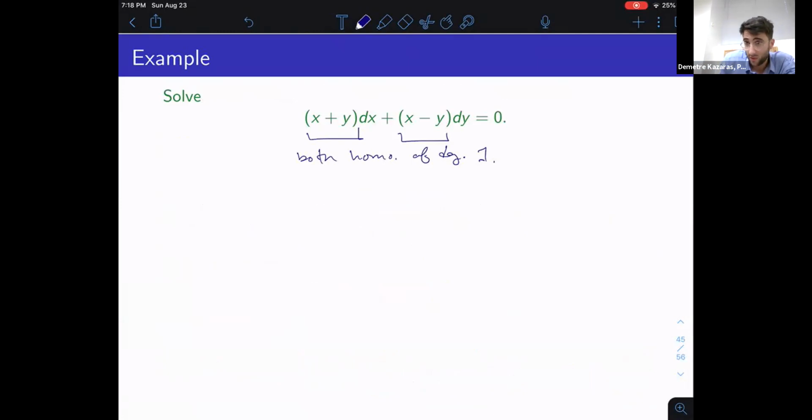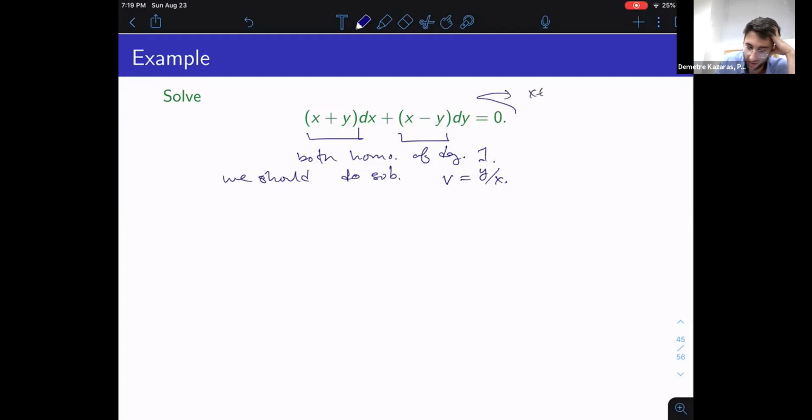So what should we do? Well, we were told we should do the substitution v is equal to y over x. So now we want to rewrite the equation just in terms of v and x's. Let's put this in a little bit of an easier to understand form.